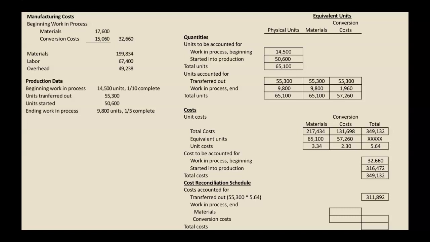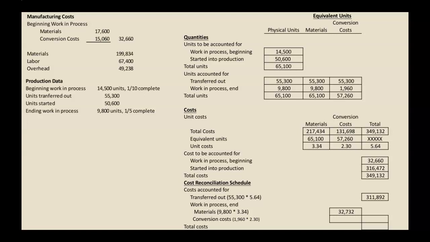Now for our ending work in process. This is where we're going to look back at where we first calculated our equivalent units. So for materials, we had 9,800 units in our ending work in process. We multiply that by just the materials unit cost of $3.34, and we get $32,732. Now for conversion costs, we can see that our ending work in process had 1,960 units, right?